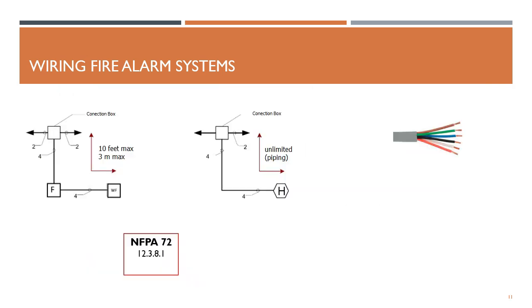Separation rules for Class A wiring. This is very important because this marks as a rule how far the distance must be to reach a device from a connection box. As you can see in the figure on the left, which can be found in NFPA 72 chapter 12.3.8.1, the distance from the junction box to the device should not exceed 3 meters.